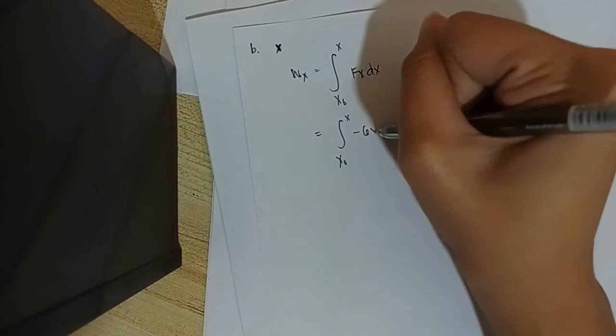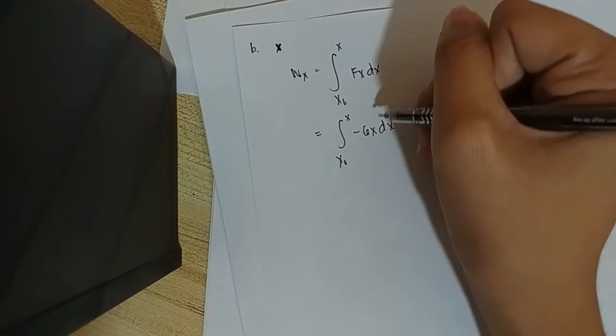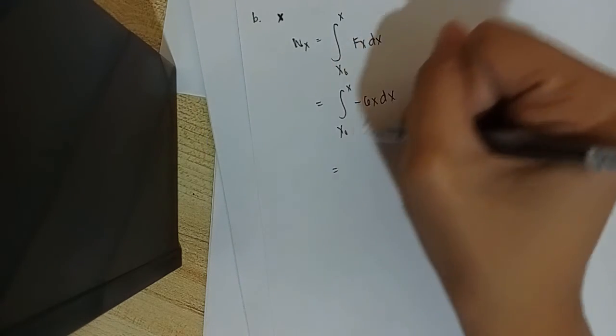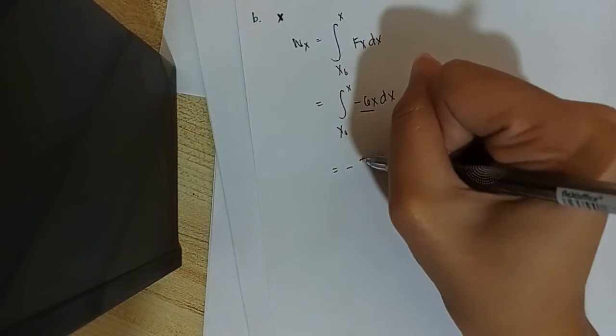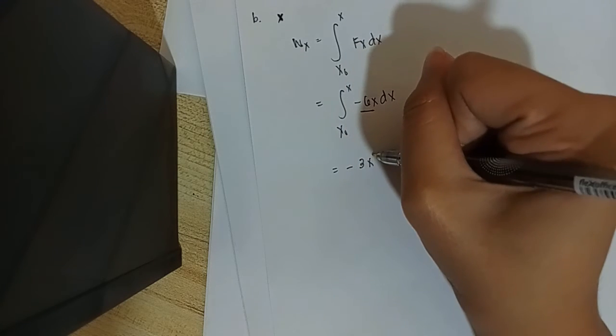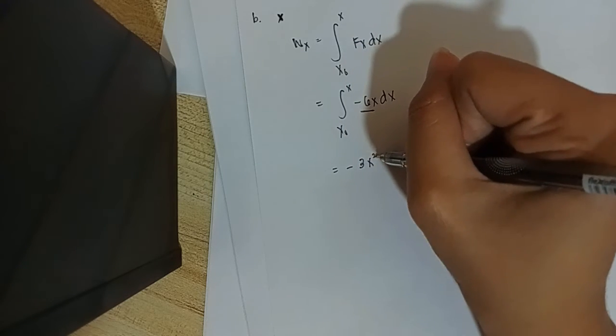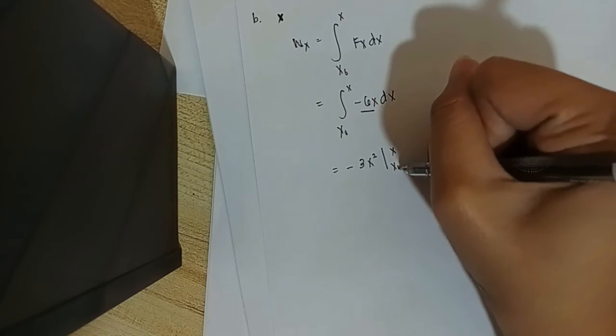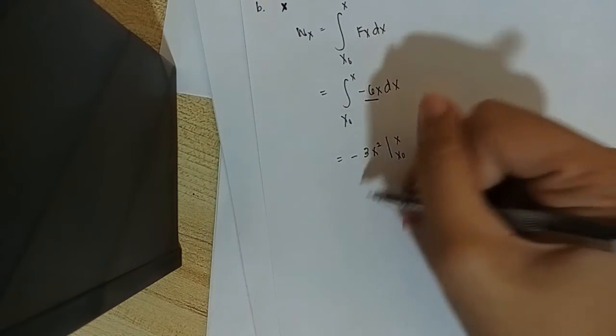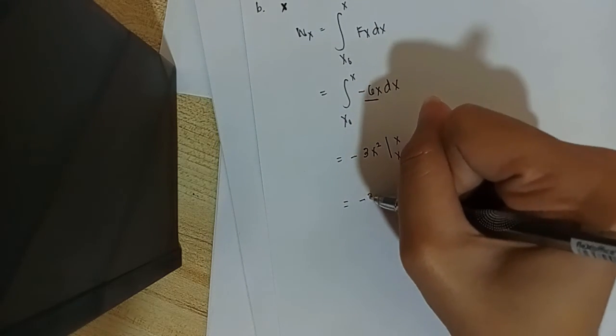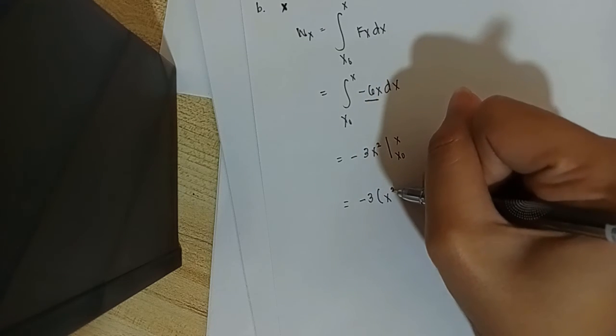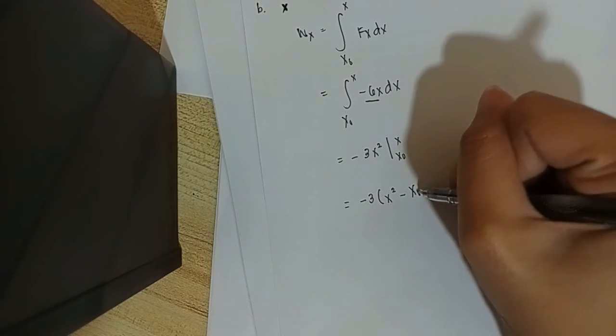Our F sub x is negative 6x dx. Again, integration, it will be negative 3x squared, which has a limit of x and x sub 0. Substitution, that would be negative 3 multiplied by x squared minus x sub 0 squared.